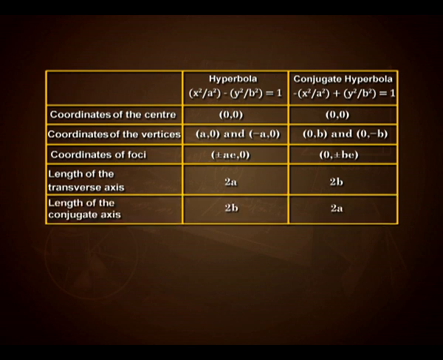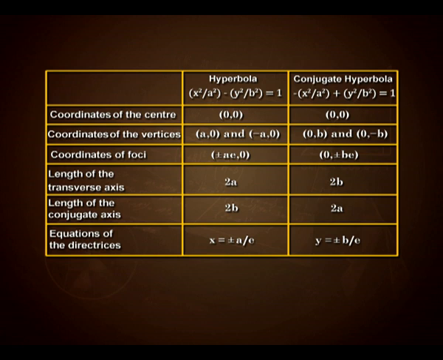The length of the conjugate axis for hyperbola will be 2b and 2a in case of conjugate hyperbola. Now, what are the equations of the directrix for hyperbola? They will be x = ±a/e, and for conjugate hyperbola y = ±b/e.